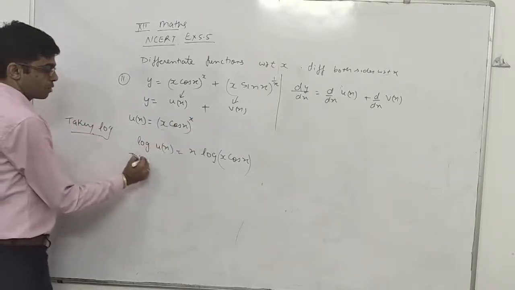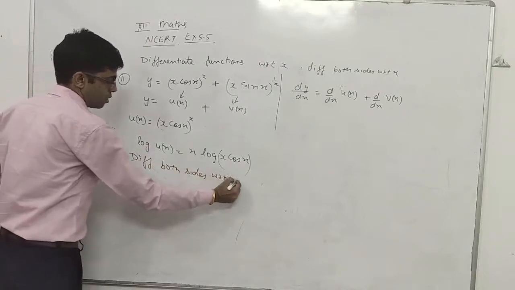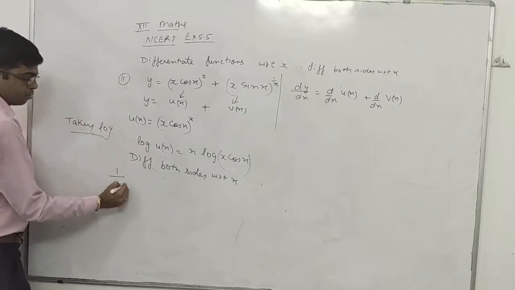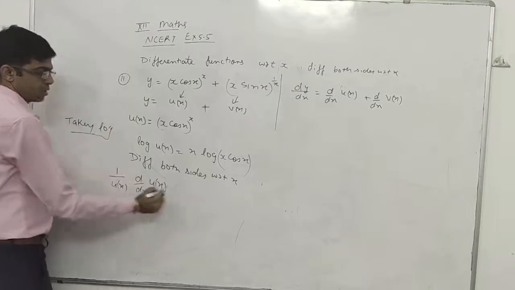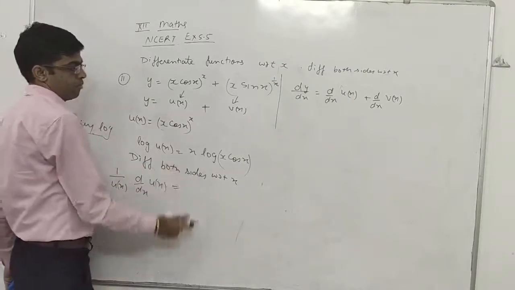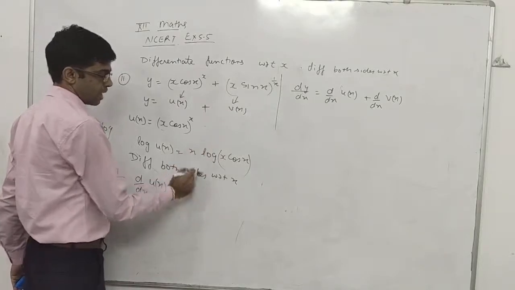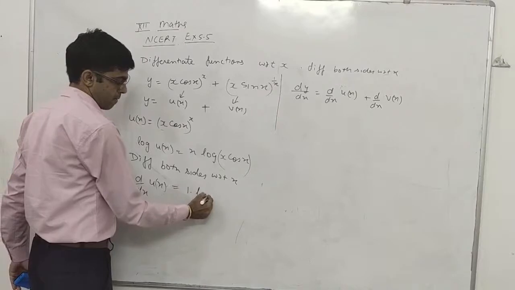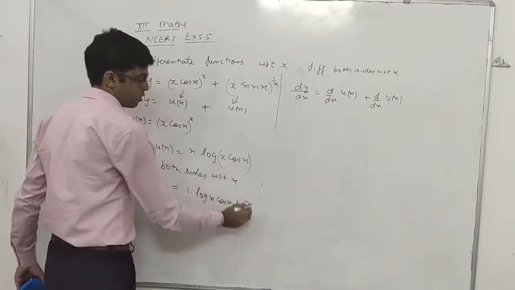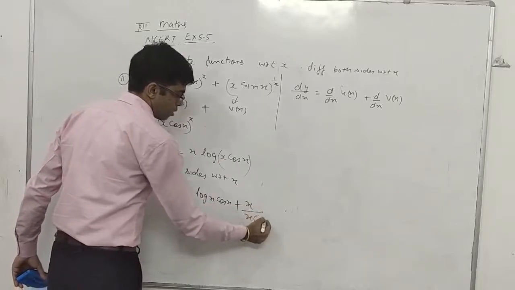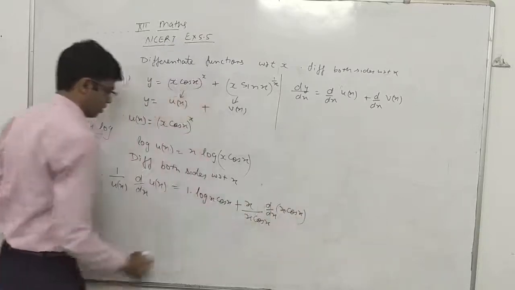Now differentiating both sides with respect to x. So 1 upon u(x) dy by dx of u(x). We will use product rule in this. Firstly we will differentiate x with respect to x, which is 1, and then plus x. Differentiation of this will be log of (x cos x) and dy by dx of log (x cos x), chain rule.